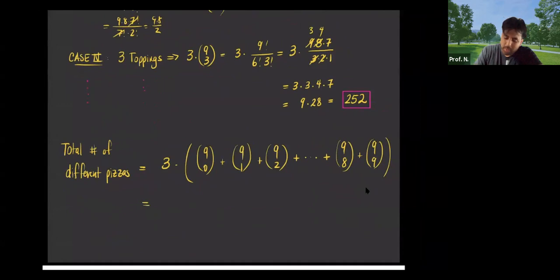And then we know what this is, right? I can also write this using shorthand, the summation notation. I can write this as the sum of 9 choose i as i goes from 0 through 9.